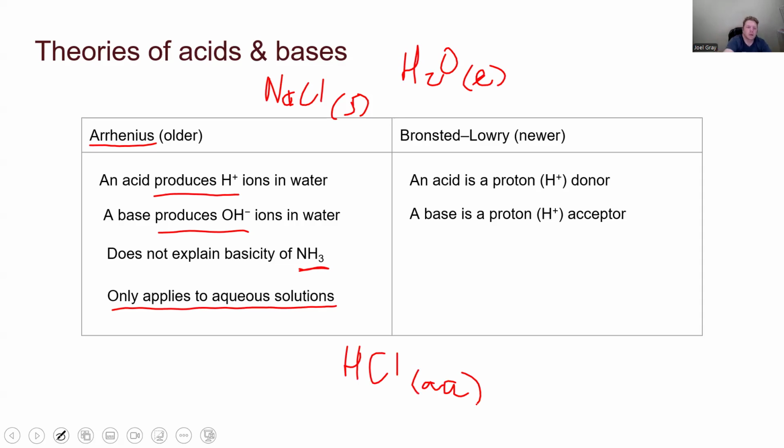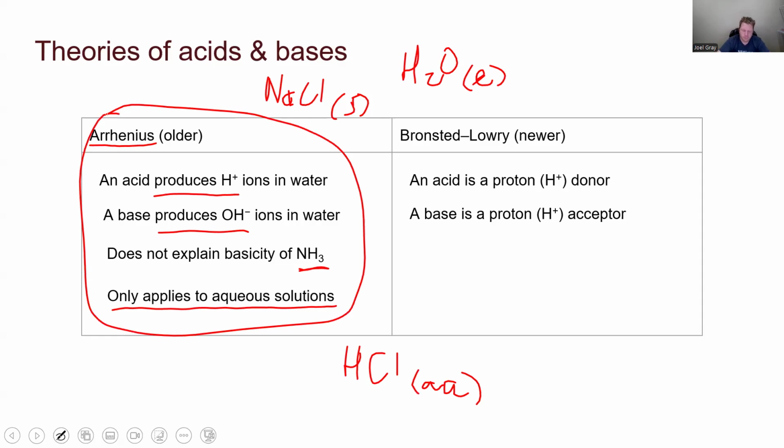Now, these are kind of the old definitions. I think that you will probably have a question about an Arrhenius acid or base, but that will really kind of be a definition, or maybe address the limitation.